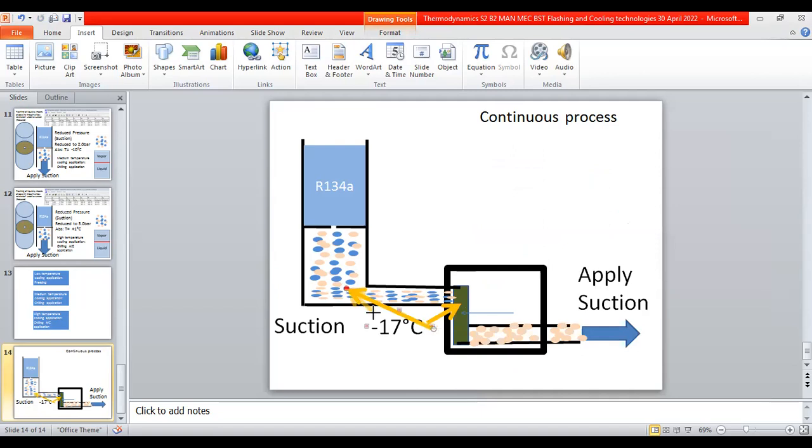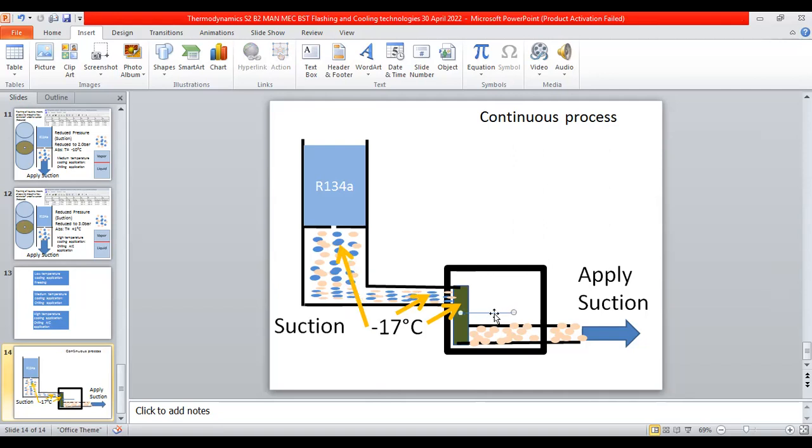Here also minus 17. They are also minus 17.